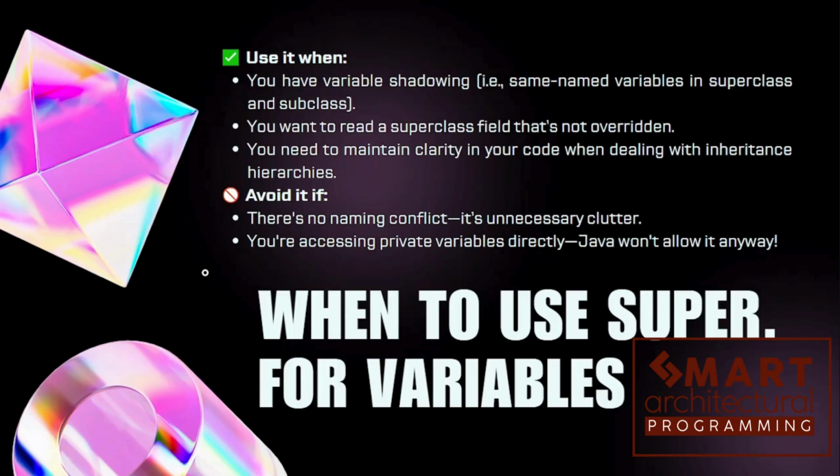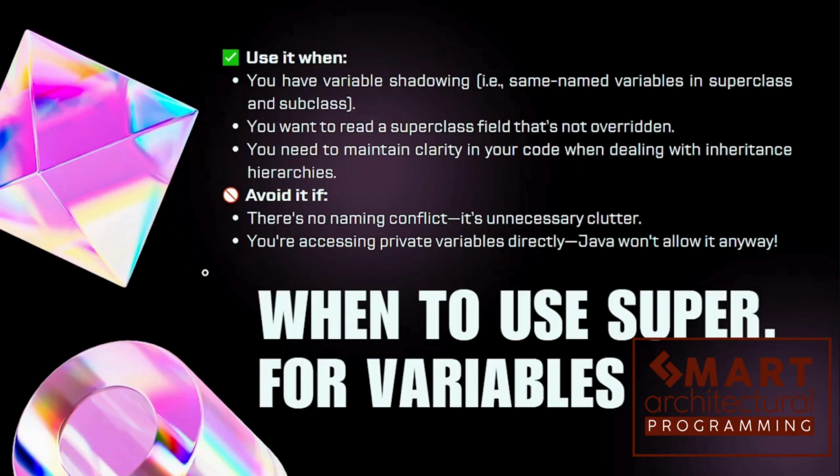And there are 2 situations where you need to avoid it. If there's no naming conflict and there's no variable shadowing, it creates unnecessary clutter, so you might not want to use it. Again, there might seem to be a contradiction here.